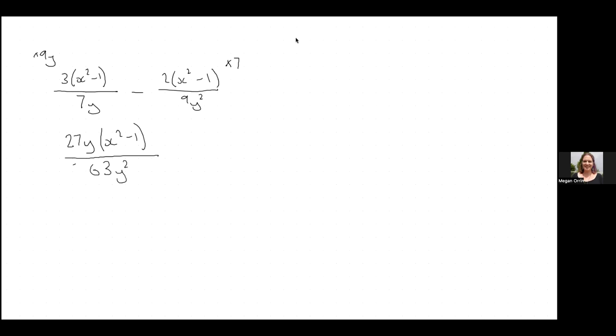All right, same thing. What does the top of this look like? 14. And then down the bottom, 63y squared. All right. Now think about what's going on here. You can treat this like a term.